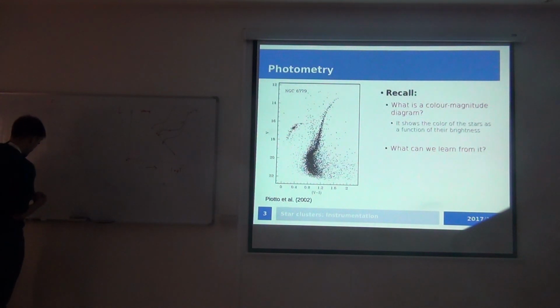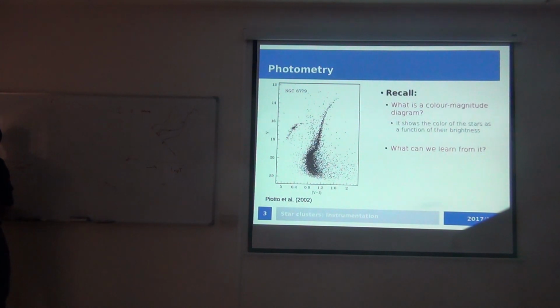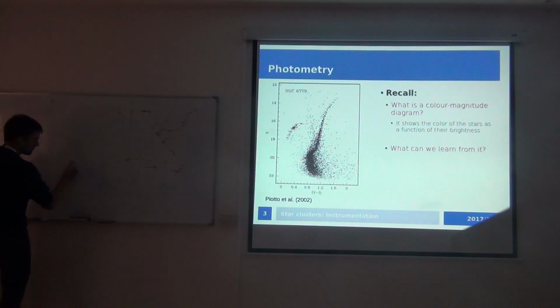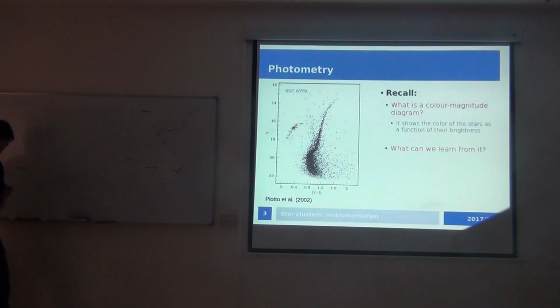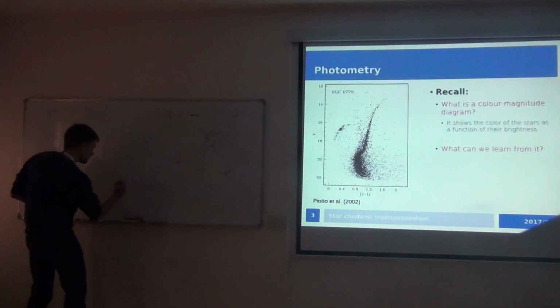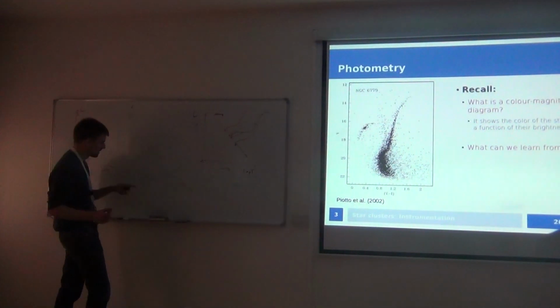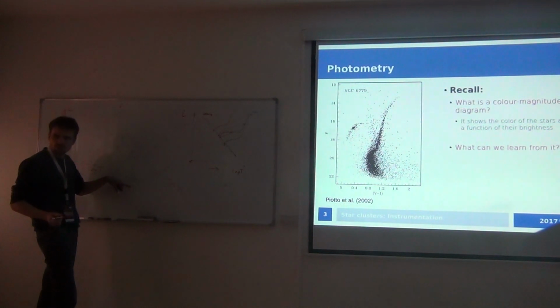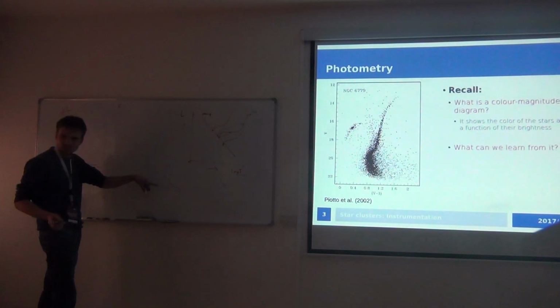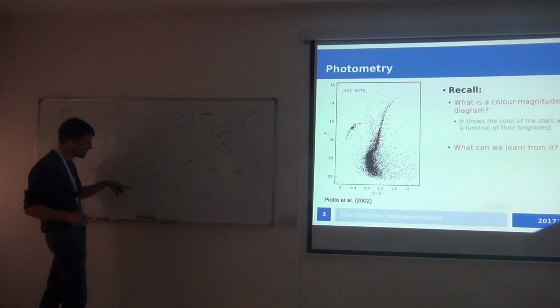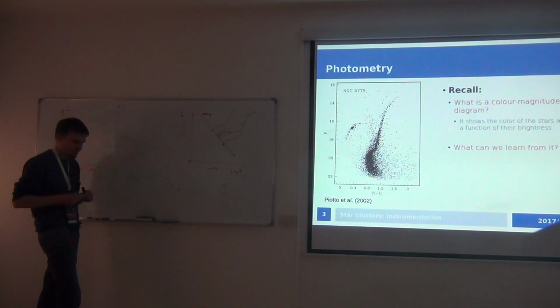A blue star has a high temperature because it has a lot of flux in the blue and less flux in the red. If we have a red star, it will look like this: not so much flux in the blue, a lot of flux in the red.